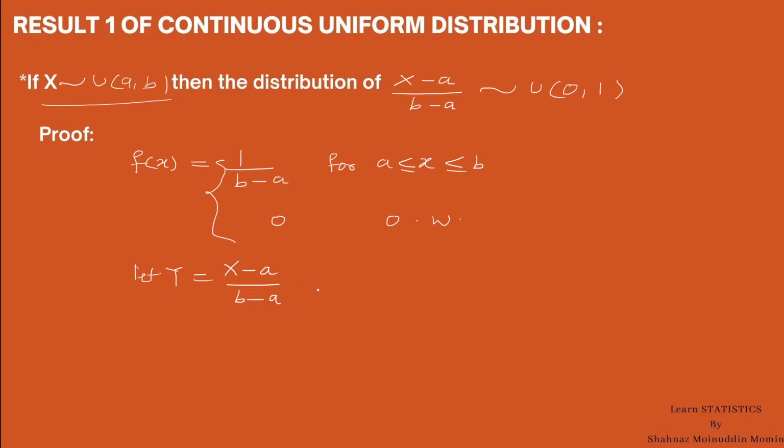In this case, suppose the PDF of y is g(y). It is equal to the PDF of x multiplied by the absolute value of dx by dy. This is the univariate transformation of a continuous monotonic function, which we have studied in the first year of BSc.